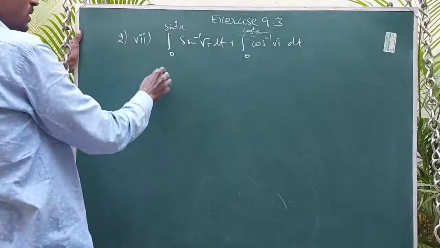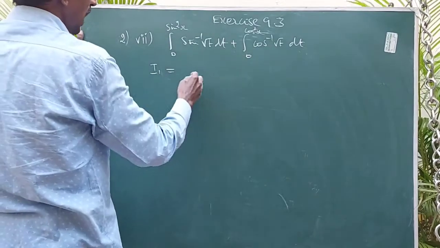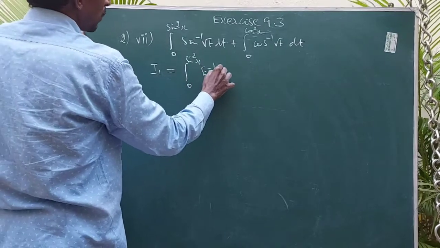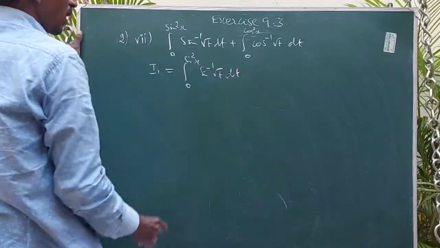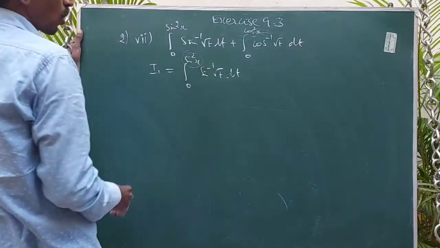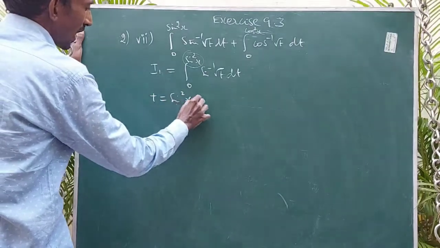So take the first one as I1 and the second one as I2. So integral 0 to sin square x of sin inverse of root t dt. Here use the substitution. Take t as sin square x, the hint is present in the question itself. So t equals sin square x.